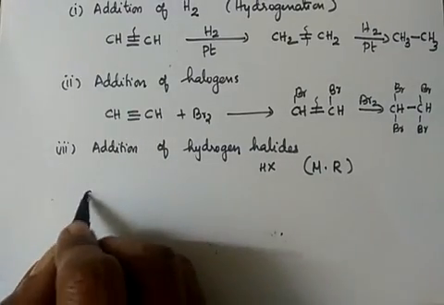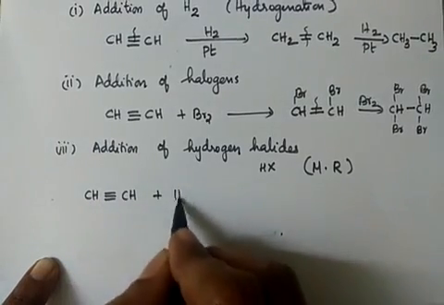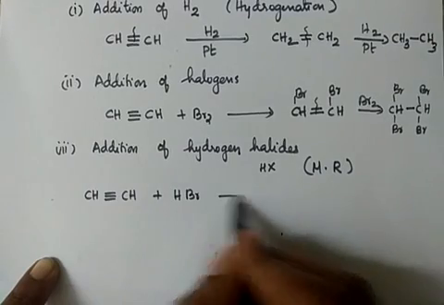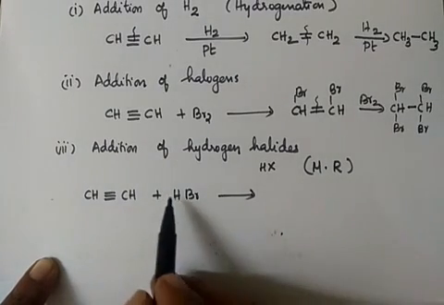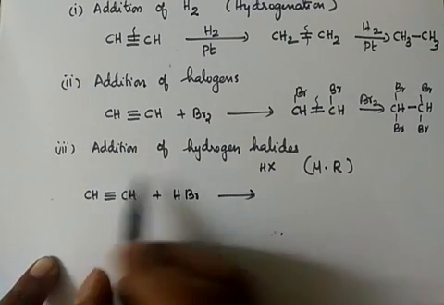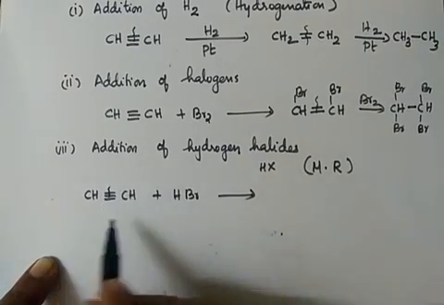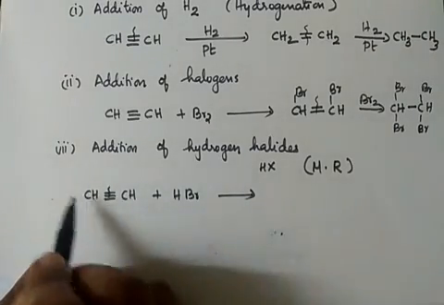For example, CH triple bond CH, and if HBr is added to CH triple bond CH, then one molecule of HBr is added to this. First, the addition takes place by breaking one of the pi bonds. So one of the pi bonds breaks, and hydrogen can be added on this side or this side.